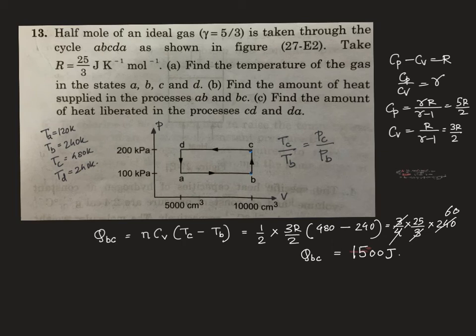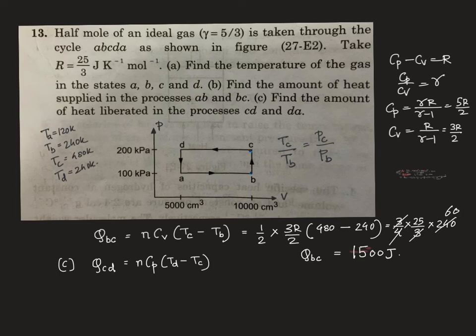Now part C, heat liberated in the process CD and DA. Suppose heat gained in the process CD; we expect a negative answer because heat is liberated. From the diagram you can see that heat is lost in the process, but by convention QCD is heat gained, so we expect it to be negative. So it is n Cp, constant pressure process, into TD minus TC.